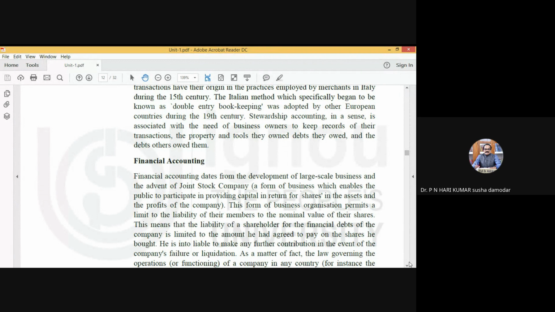So financial accounting is an accounting system, the second phase of accounting, which clearly records, classifies and summarizes the financial transactions, cash transactions, economic transactions, which clearly indicate the result of the business organization. Maybe total revenue, total expenditure, total profit, total loss, then assets, liability. Asset is equal to equity plus liability. So all these are clearly mentioned in the financial accounting system.